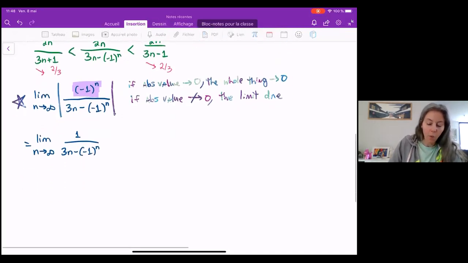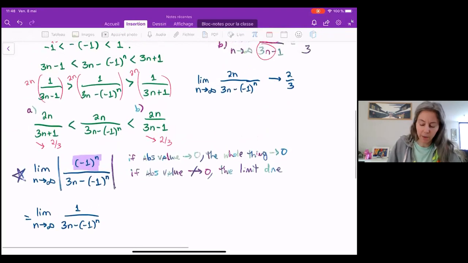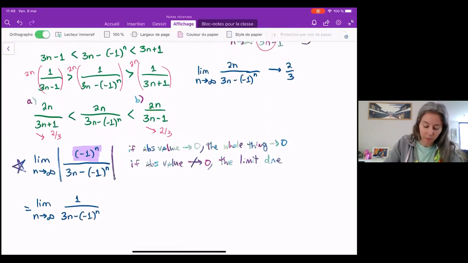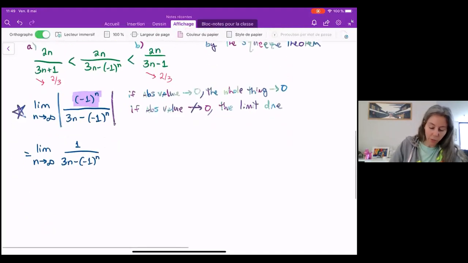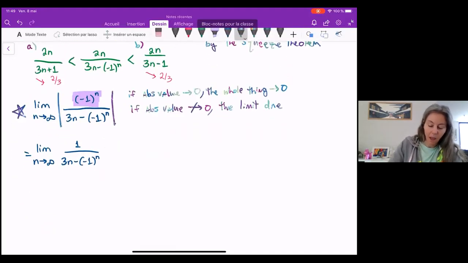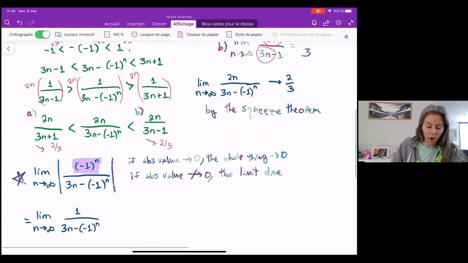Now again, we're going to apply the squeeze theorem a second time. So actually, I'm going to go back up here and write that we did this by the squeeze theorem. We should always state how we do something. So then we're going to apply that squeeze theorem a second time, but I'm going to use the work that I already did.